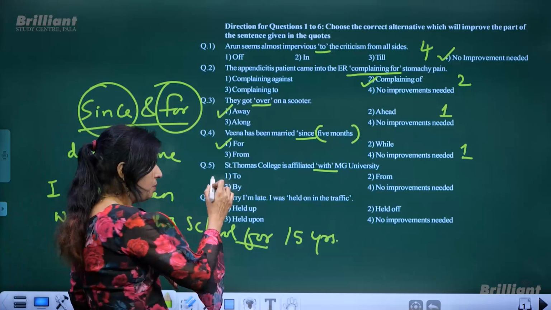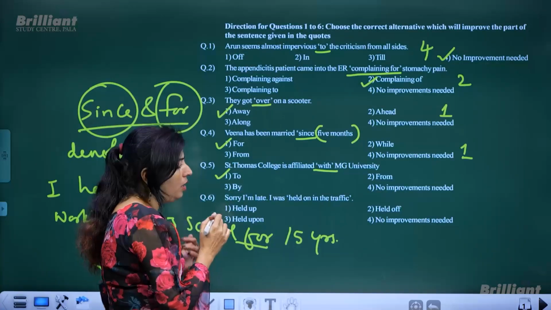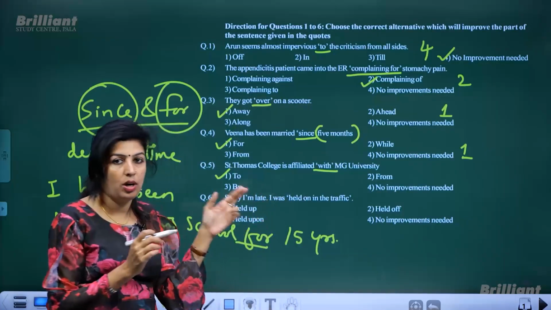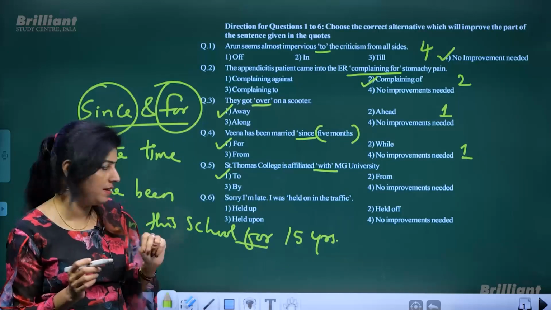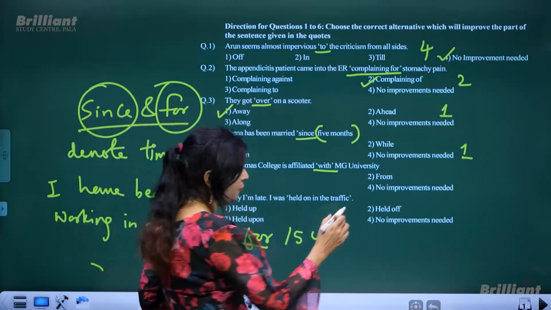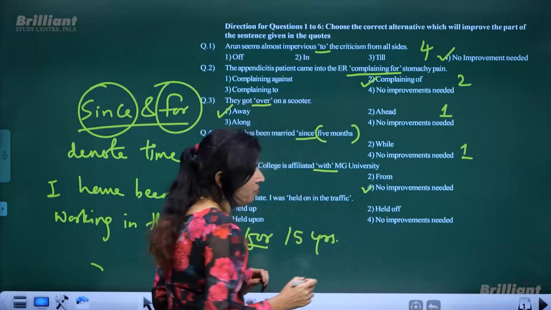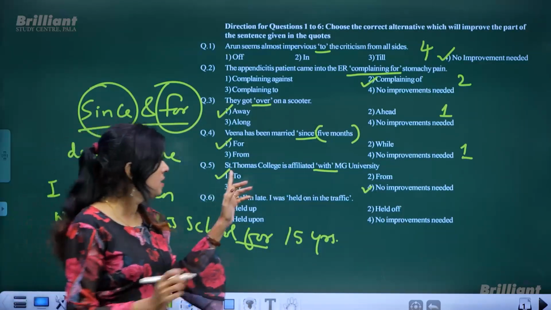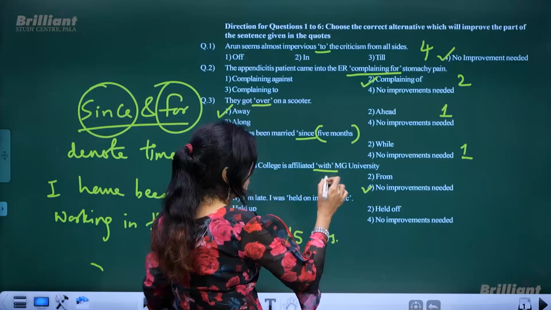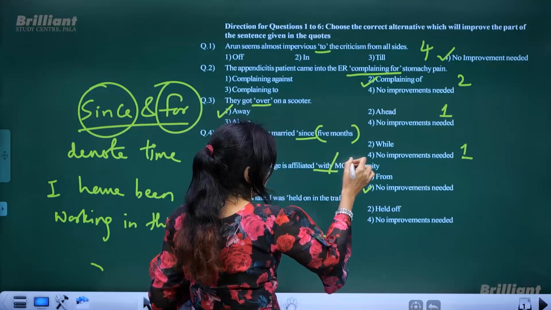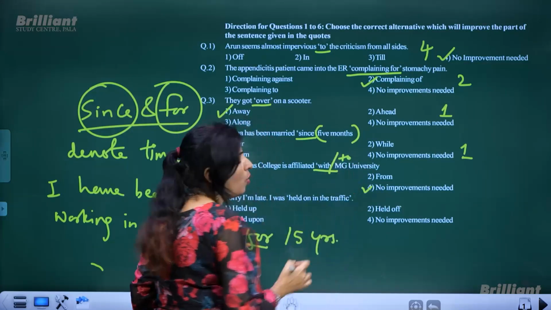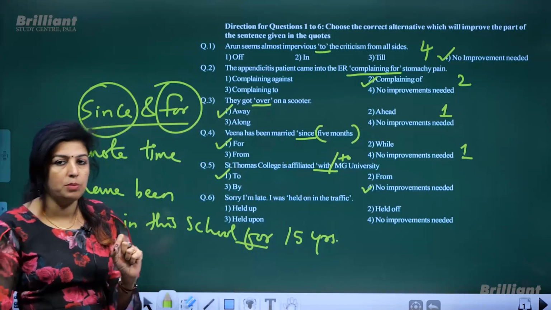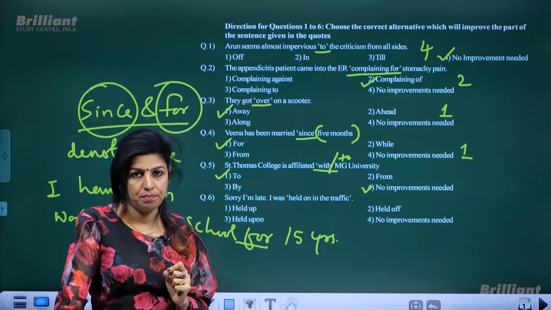So this to could be taken. Or else, if you choose the fourth option, no improvements needed, this also is equally correct. That means for this question you have more than one answer, two answers are there. Why? Because for this sentence, whether you use with or to, both are equally accepted, both are equally correct.